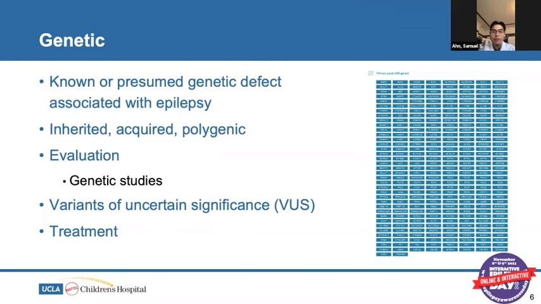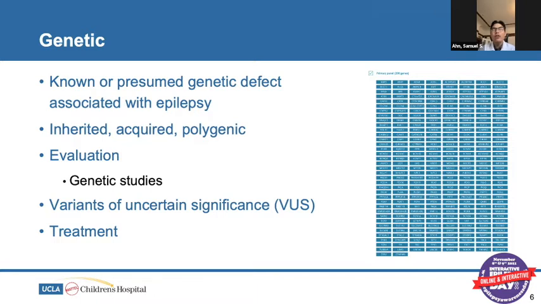For example, absence epilepsy or juvenile myoclonic epilepsy, where despite working to do a genetic workup, we haven't quite identified a single cause. But over time, we're starting to understand more and more that there may be multiple different genes that interact with each other that then adds up to create a seizure disorder in any particular person.